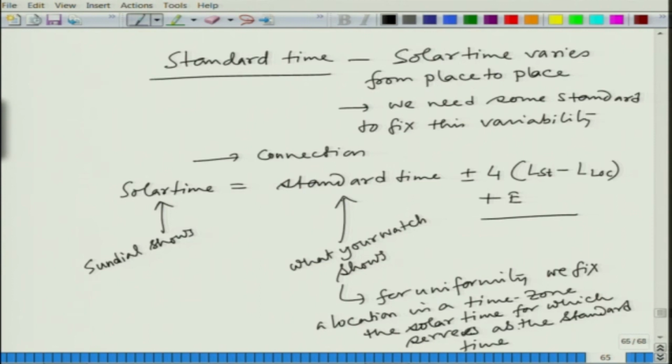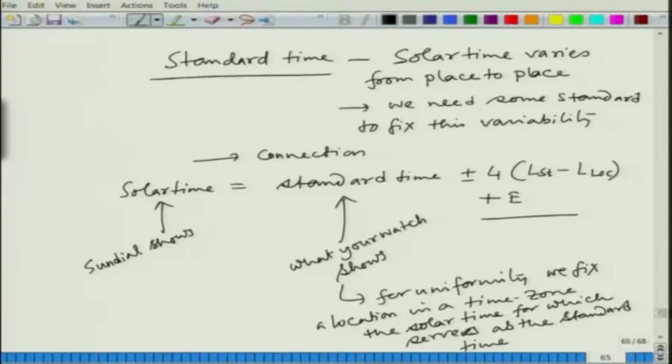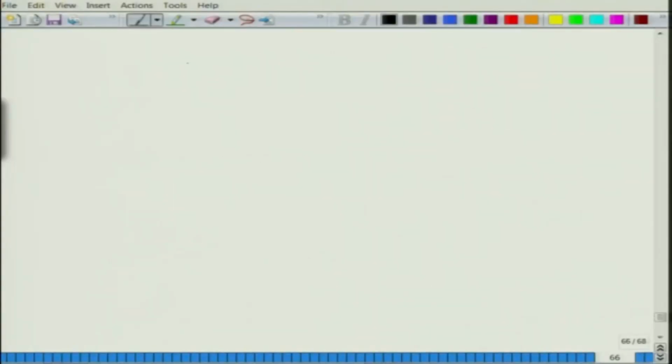So your watch does not know whether sun is up or not, whenever you fix it, it follows the same algorithm and runs at a constant speed, and that is how whenever you fix it to the standard time, it will give you the standard time always. Okay. Now, what is this plus minus 4 LST minus LOC part?